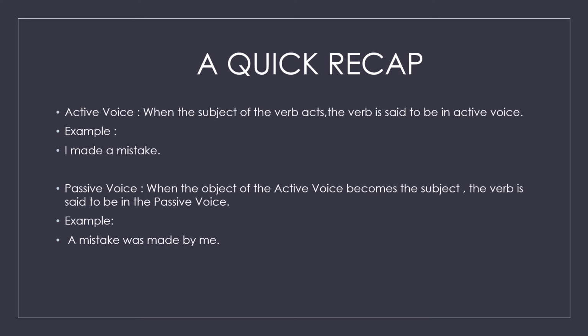Passive voice: when the object of the active voice becomes the subject, the verb is said to be in the passive voice. In passive voice, the focus shifts to the action or the object. For example, a mistake was made by me.